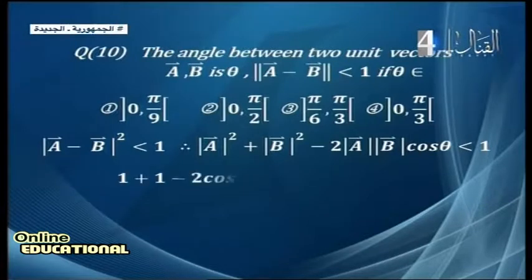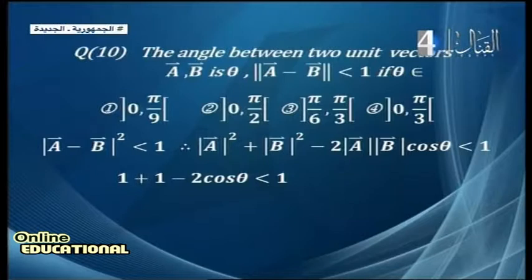Therefore, norm A is 1 and norm B is 1. Why? Because A and B are unit vectors. Each norm is 1.